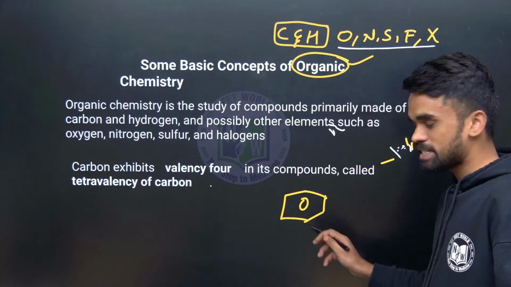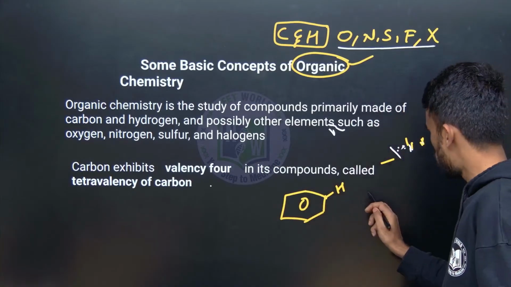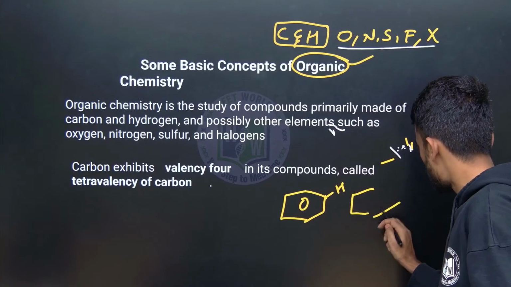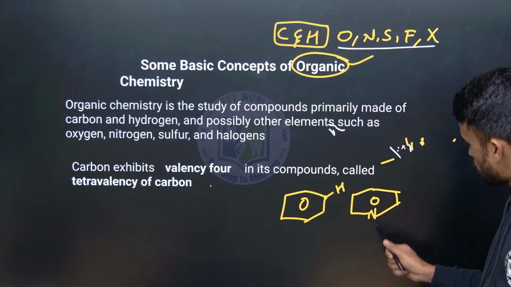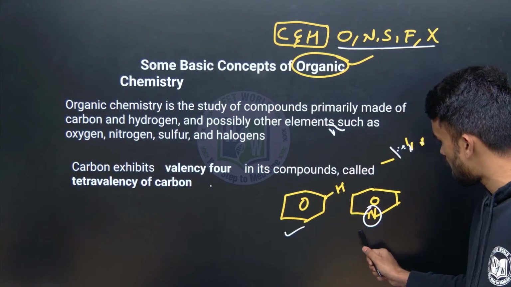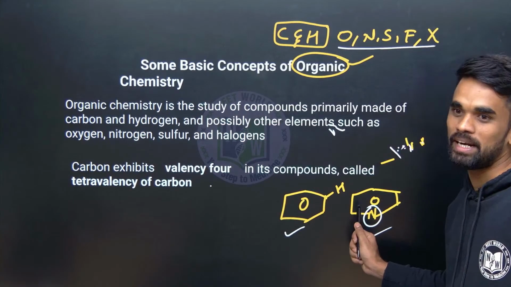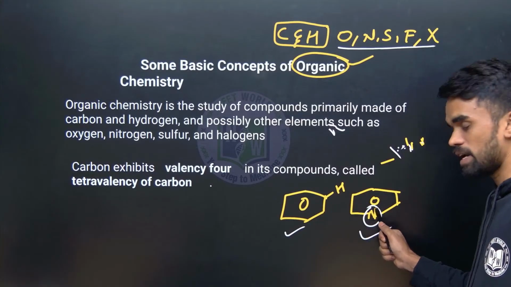Now this is carbon and hydrogen we have in this compound. Now what I am doing is, out of this benzene, I replace one carbon with one nitrogen like this. This is pyridine. In pyridine we have one nitrogen atom here.